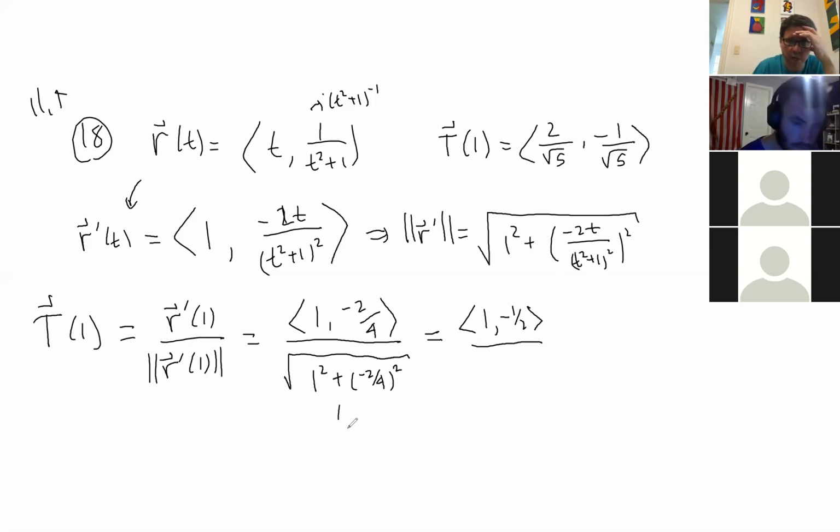If I work out the bottom here, this will be 1 plus 1/4. Simplifying -2/4 first to -1/2, it's squared, so that's 5/4. So that's going to be the square root of 5/4.